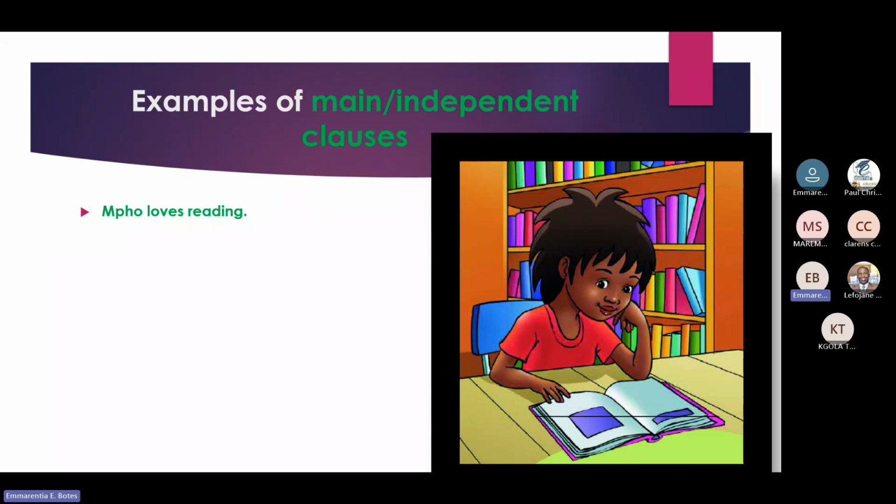You understand it. You see the picture there as well. You understand that she loves reading. You do not need any more information on this. In this sentence, Mpo is the subject and loves reading is the predicate. So we understand the sentence on its own.